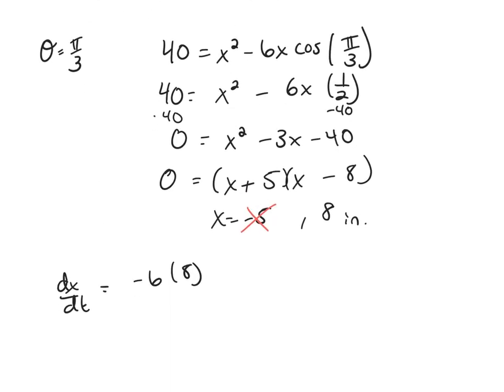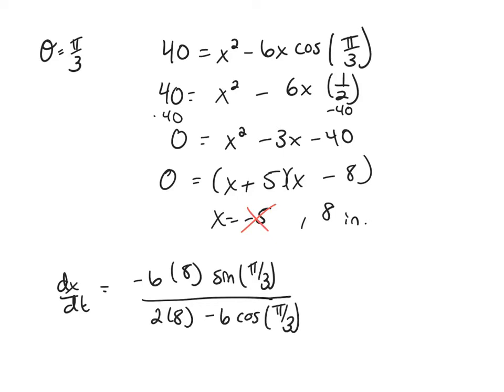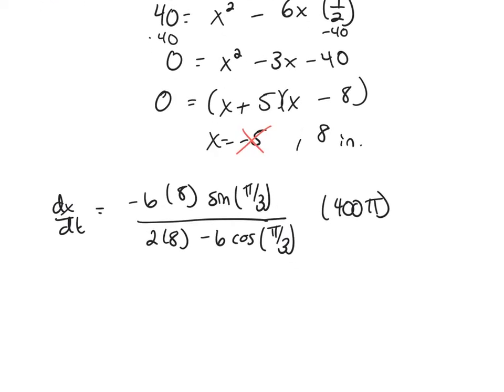Yeah, sine of theta, so sine of pi over 3, divided by 2 times x, so 2 times 8, minus 6 cosine of pi over 3, times d theta dt, which was 400 pi. So we're getting negative 48 sine of pi over 3, which is the square root of 3 over 2. This is 16 minus 6 times a half.